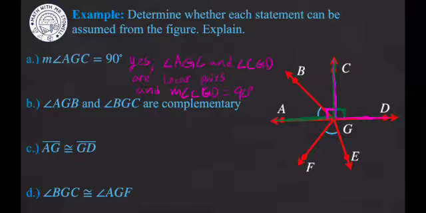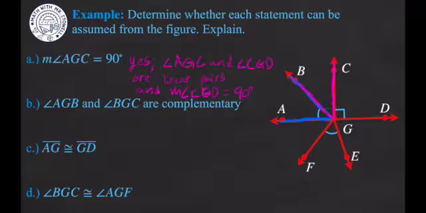Can we assume that angle AGB and BGC are complementary? So let's look at that. So we have angle AGB, and BGC. Oh, let me choose a different color. BGC. Can we assume that these two angles are complementary?